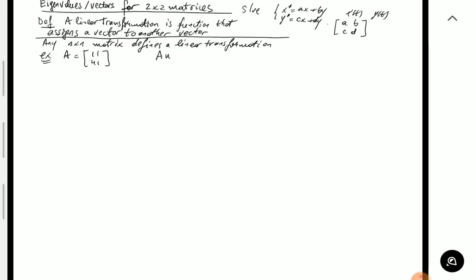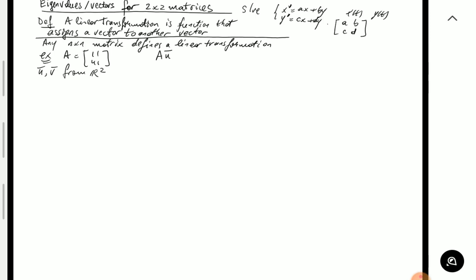If I multiply this matrix to any vector, and in this case we're going to take the vectors u, v, and so on from R2. To be more precise, any matrix defines a linear transformation on Rn, on the vector space of column matrices.